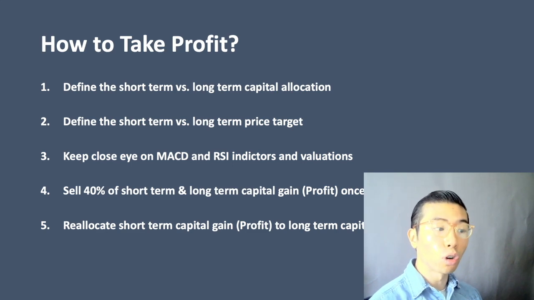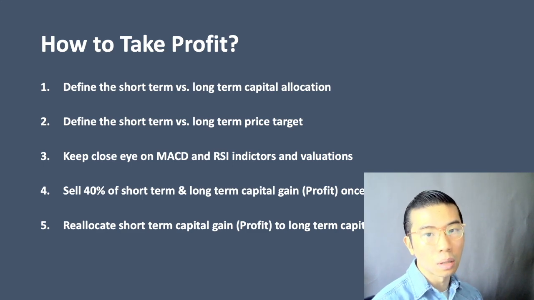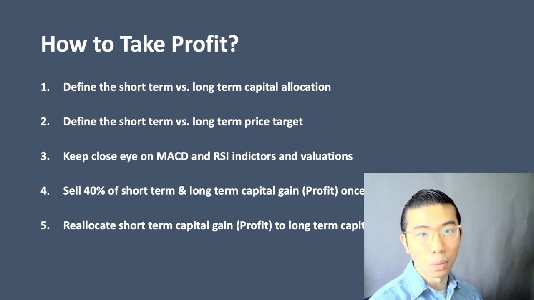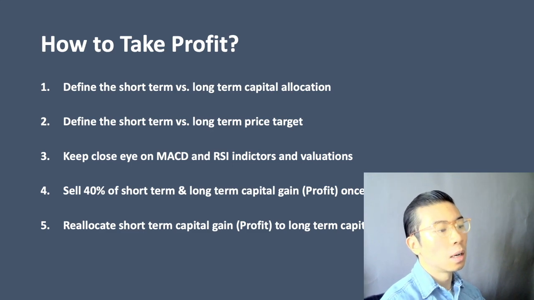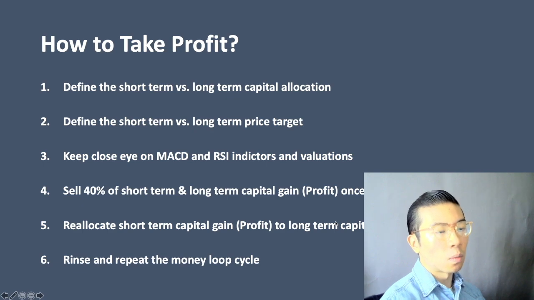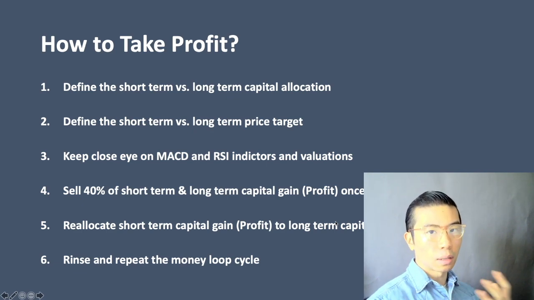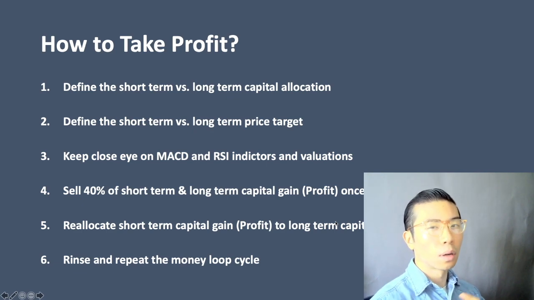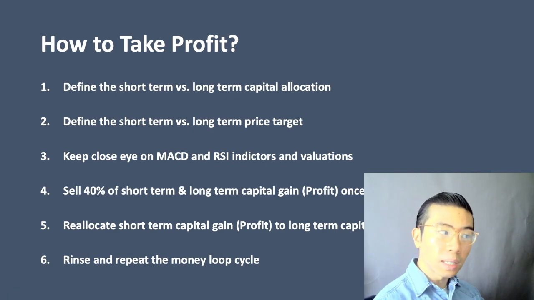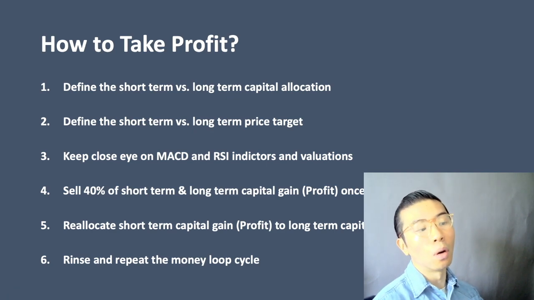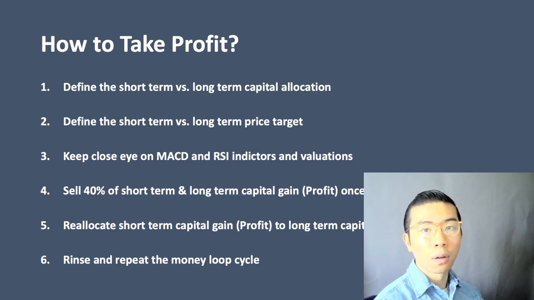That's when I would incur more long-term capital allocations by dollar cost averaging at that optimal level, right? And then once you get that momentum, you start to see it's like a loop. You know what I'm trying to say? And then you just rinse and repeat the money loop over and over again, right?